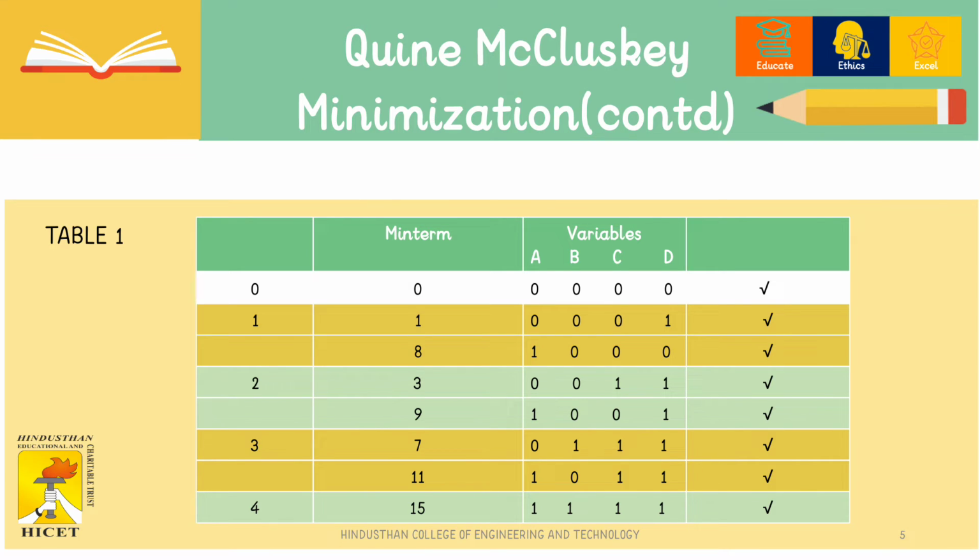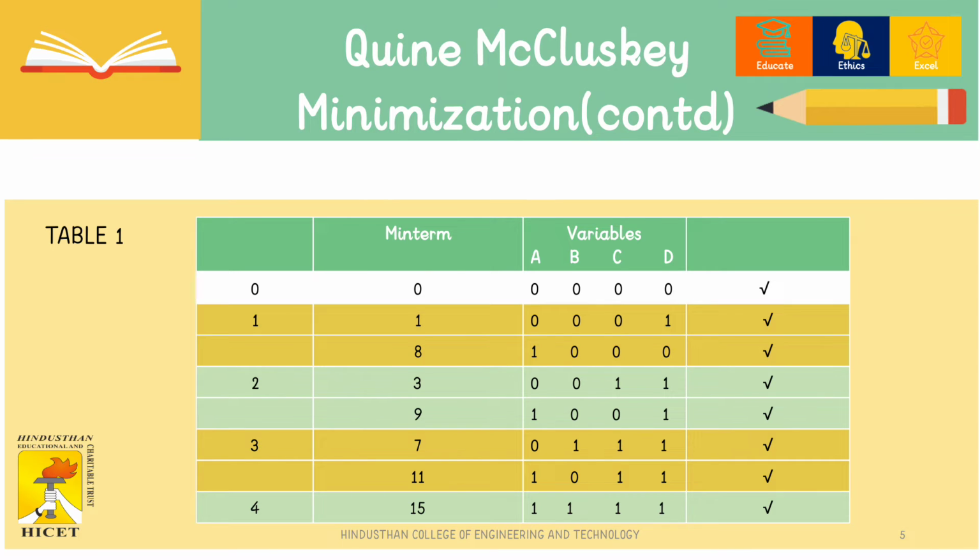The next group consists of 2 zeros in the binary values and minterms 3 and 9 come under this category. Group 3 has a single 0 and it covers minterms 7 and 11. And the last group, that is group 4, contains minterms with no zeros and only 15 comes under this category.